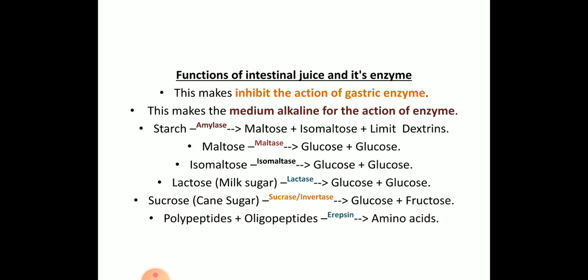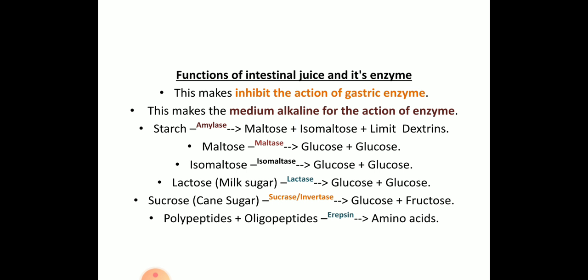Isomaltose is converted into glucose in the presence of isomaltase. Maltose is converted the same way. Lactose is converted into glucose and galactose in the presence of lactase.